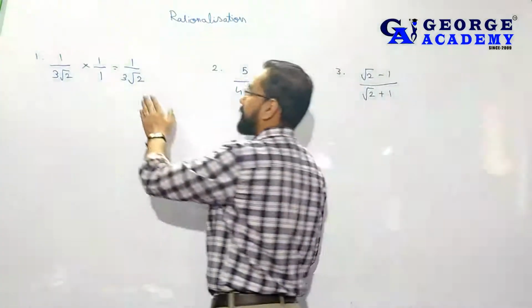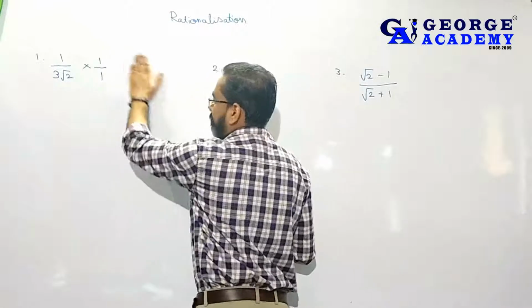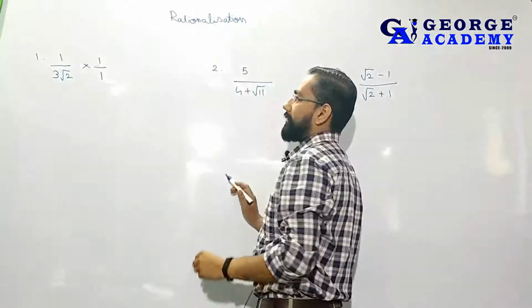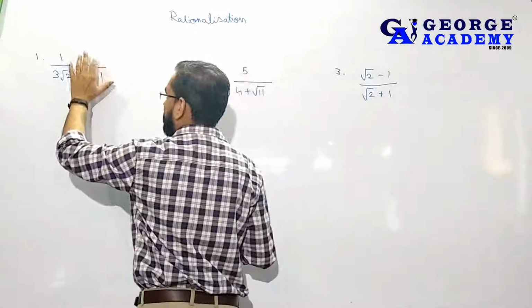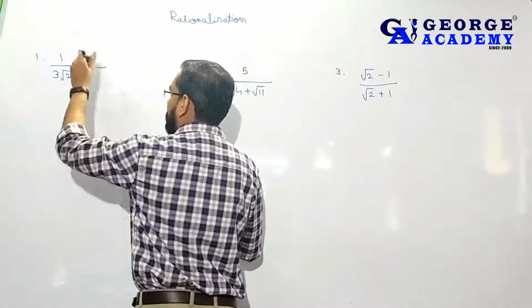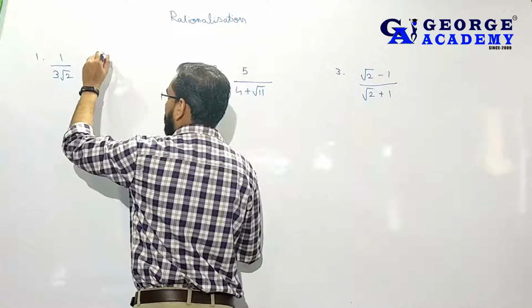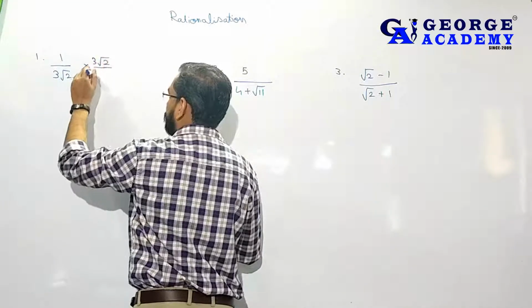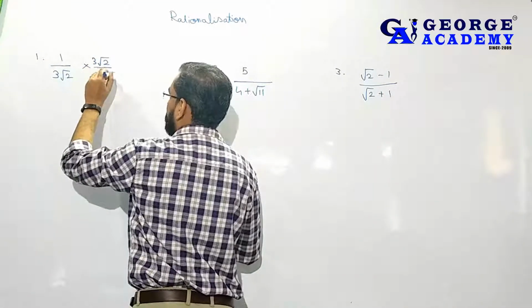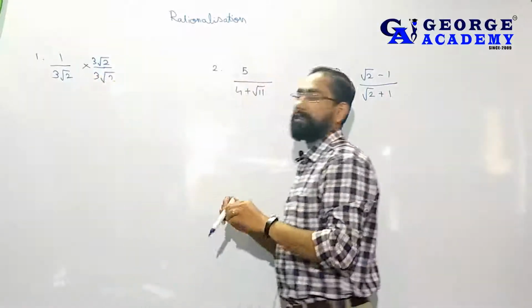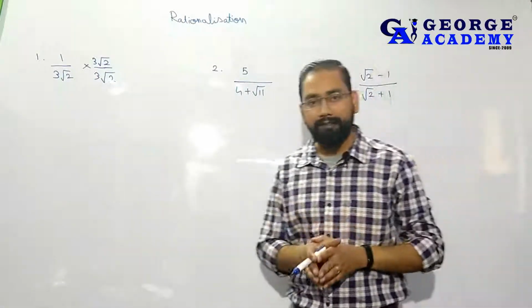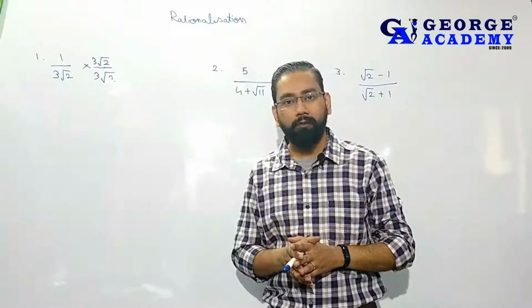And if we can multiply this fraction by 1, that means we can multiply the fraction by 3 root 2 by 3 root 2. Because in a fraction, when the numerator and denominator are the same, its value is 1.